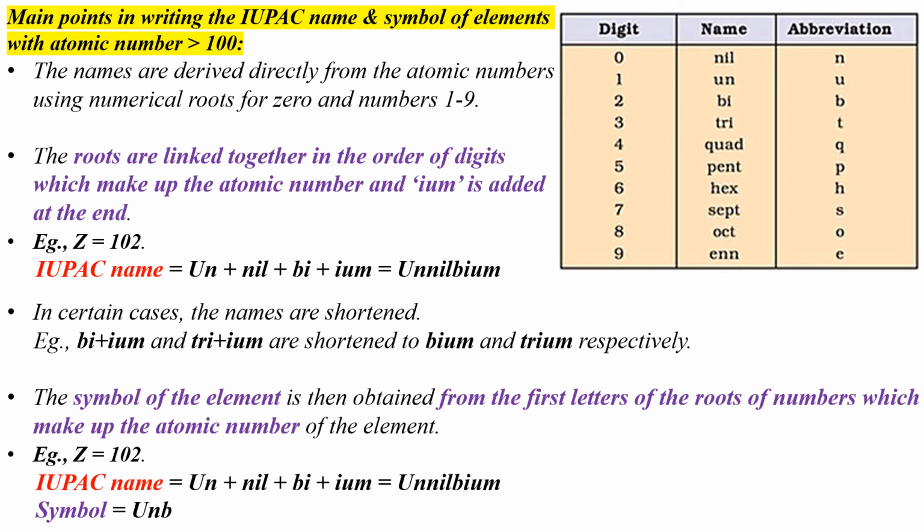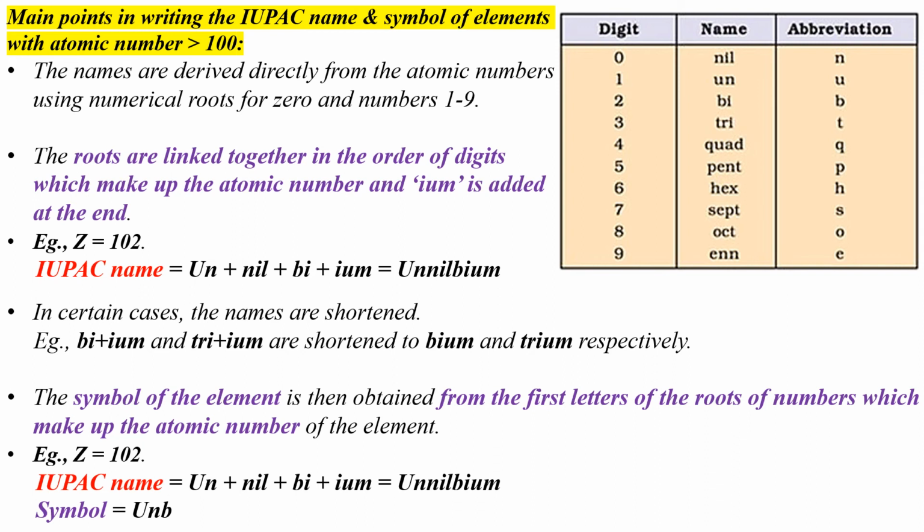But it's not so. One of the two I's is discarded, and hence the correct IUPAC name is unnilbium. Clear? We can also see that the root tri and the suffix IUM is shortened and written as trium, T-R-I-U-M. So this is how we write the IUPAC names of elements with atomic numbers greater than 100.